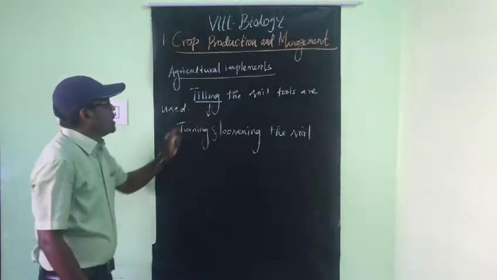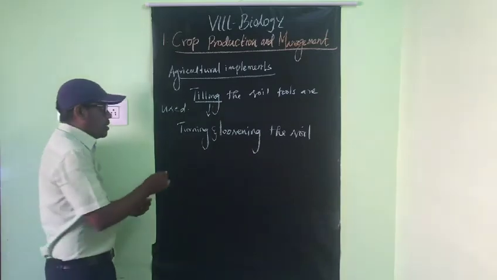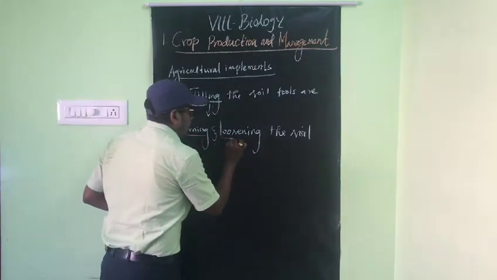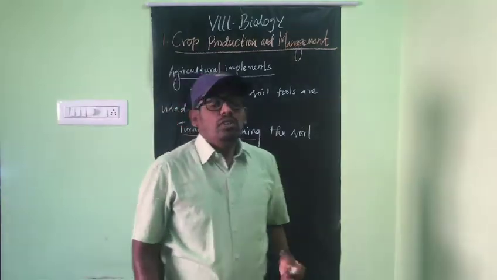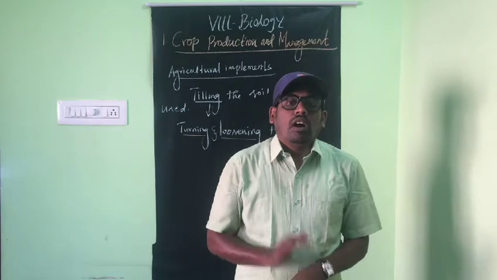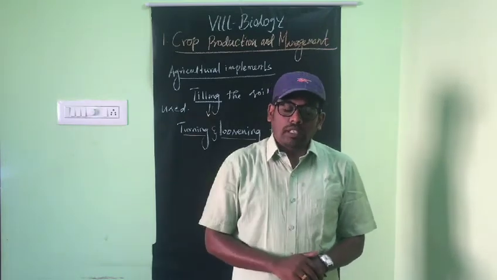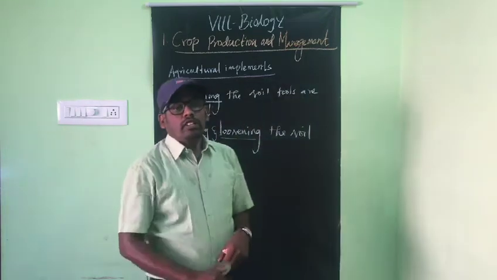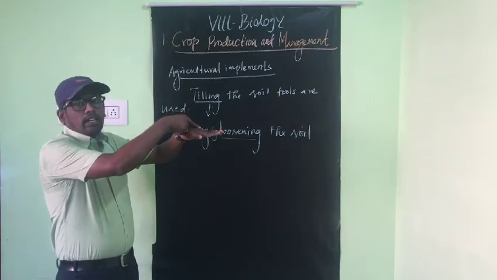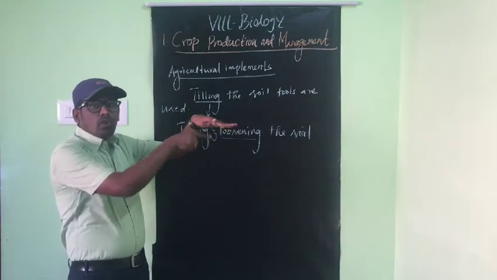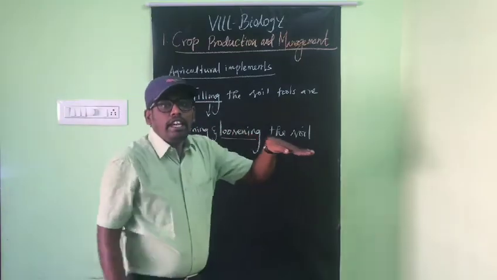Again, the agricultural implements are used for tilling the soil. Turning and loosening the soil is called tilling or ploughing. Why should the soil be turned or loosened? Because when this process occurs, the nutrient-rich soil comes up to the top and the nutrient-less soil goes down. And it is also for aeration.